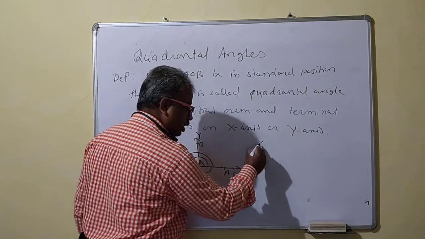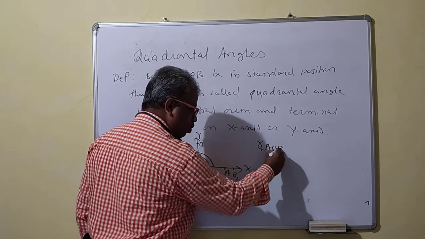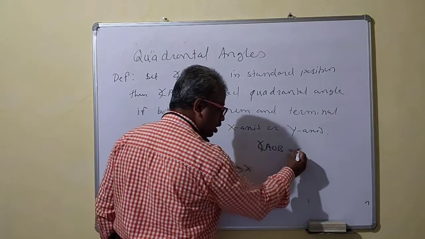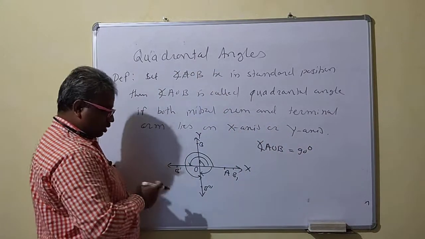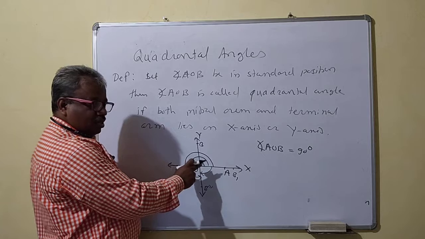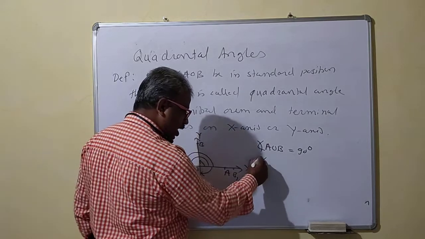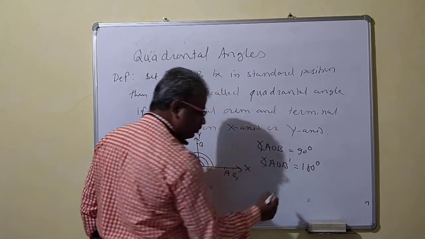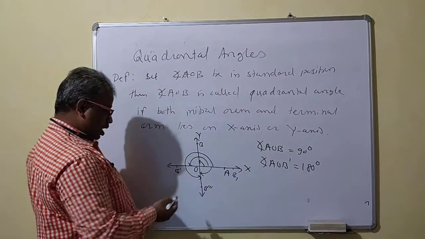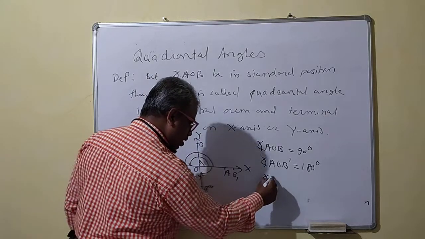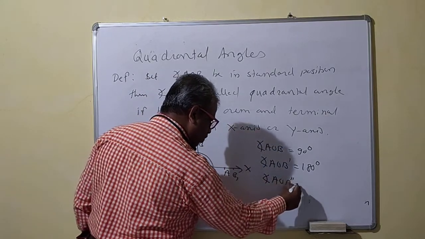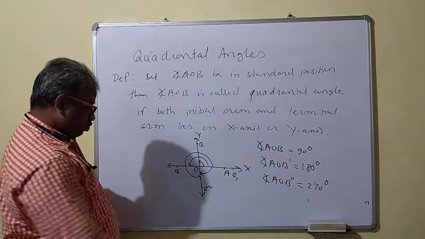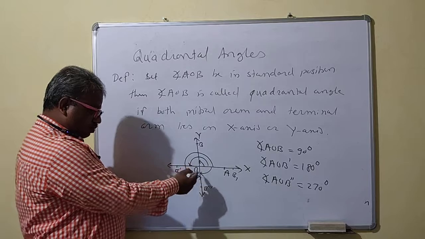So the directed angle AOB is 90 degrees. Directed angle AOB prime is 180 degrees. Angle AOB double prime is 270 degrees, 180 plus 90.